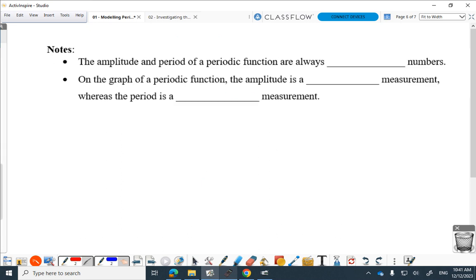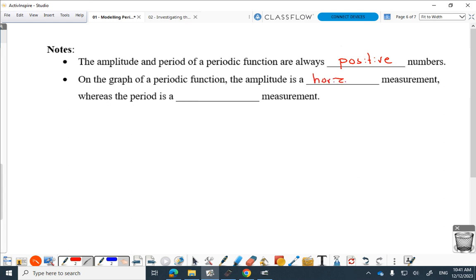So the amplitude and period of a periodic function are always positive numbers. We'll always take the positive version of that. And it reminds me of measuring length and width of rectangles. We always look at it and go, let's just use the positive numbers. On the graph of a periodic function, the amplitude is a horizontal measurement.